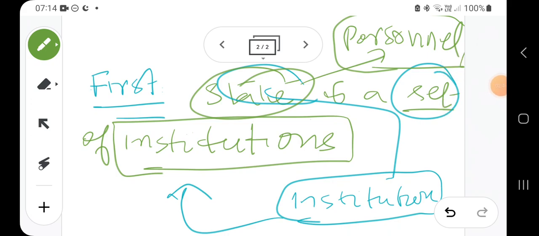So to have a state, you have to have a certain set of institutions, because state is itself an institution, and you need people to man those institutions. Those institutions don't run themselves.